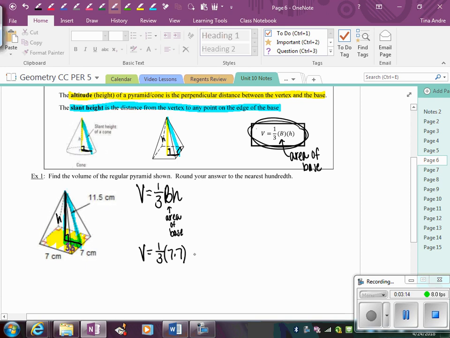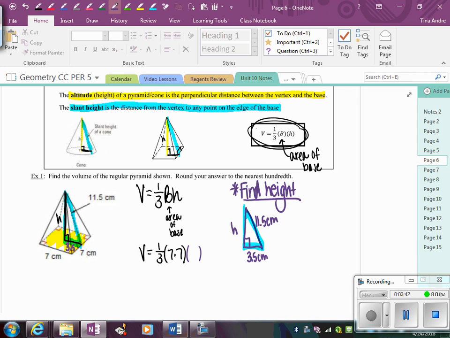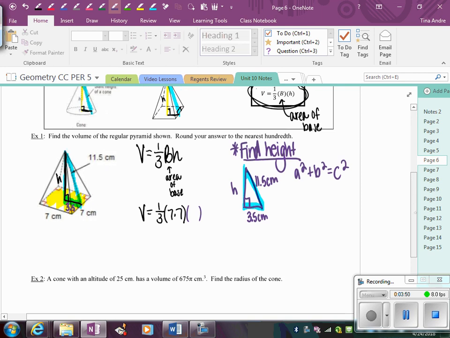So before I can actually find the volume, I have to find the height. So off to the side here, I'm going to find the height to plug in. And I'm going to use my right triangle that's highlighted there. So h, 3.5 and 11.5 centimeters. So again, this is that blue triangle that I highlighted in the picture. So I'm going to be using the Pythagorean theorem for this because I have a right triangle. SOHCAHTOA could come back into play here if you have a right triangle, so just keep that in mind.